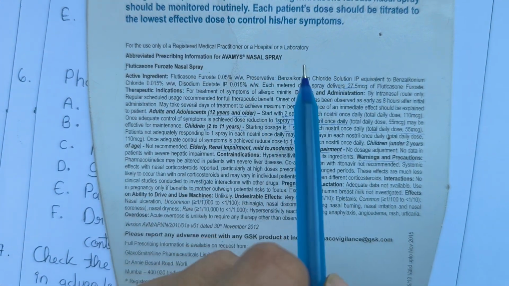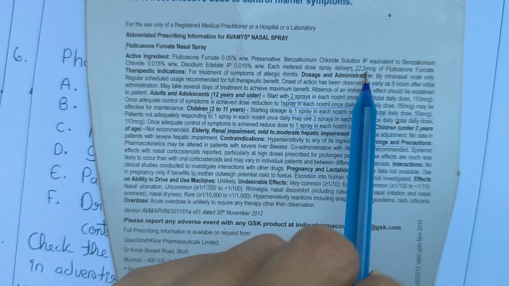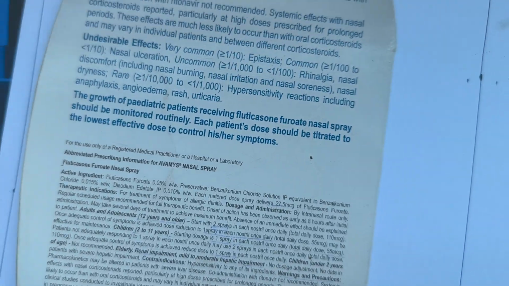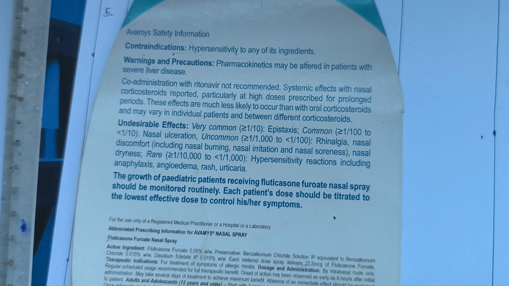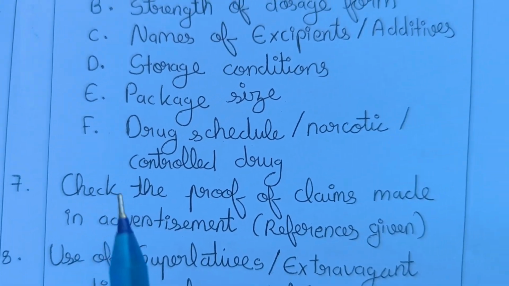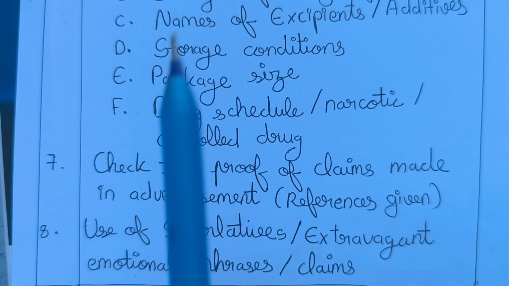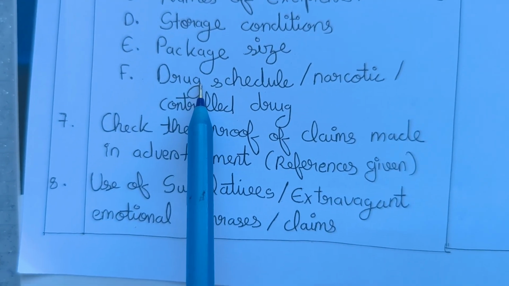So per serving it is 27.5 microgram, but how much the total amount is, is not mentioned here. In tablets it is generally mentioned like 20 tablets in the package, like that.